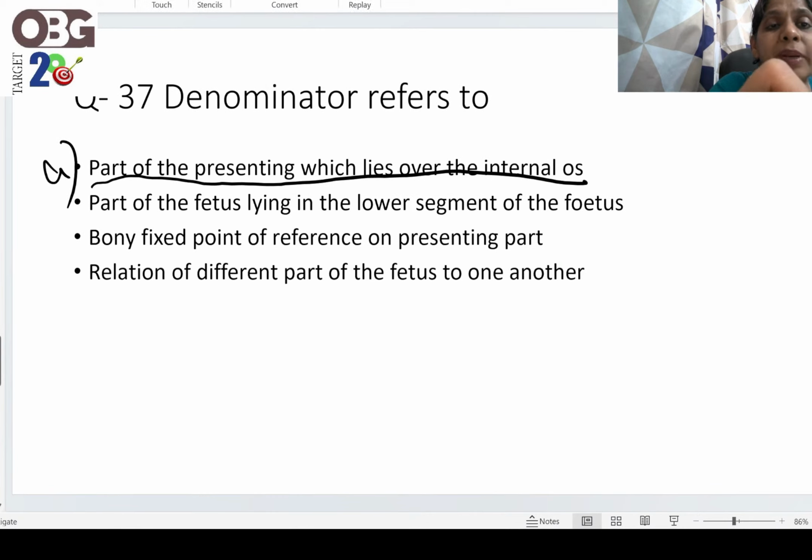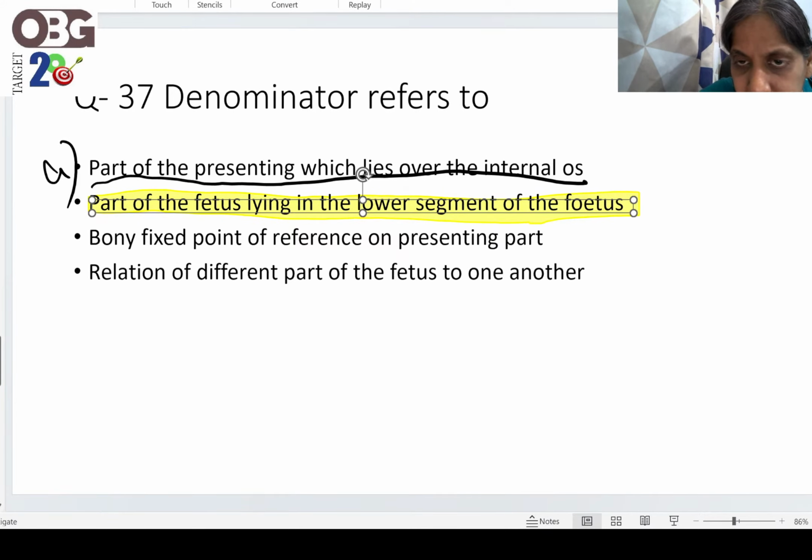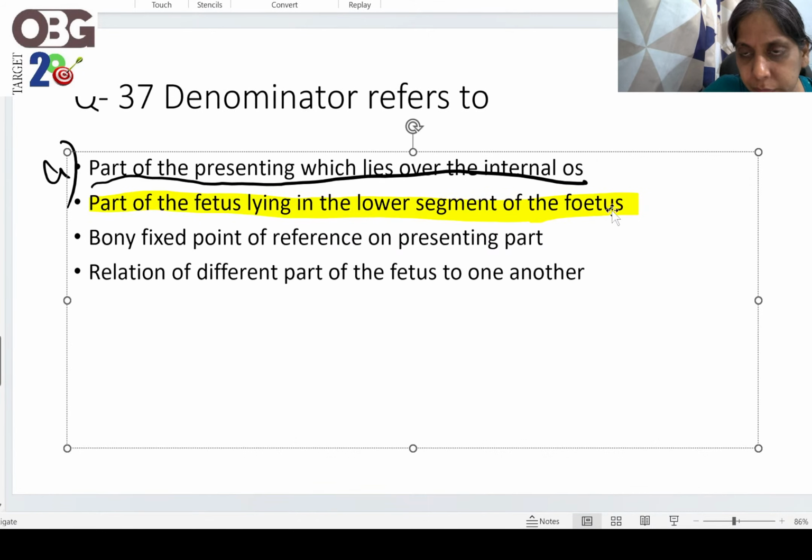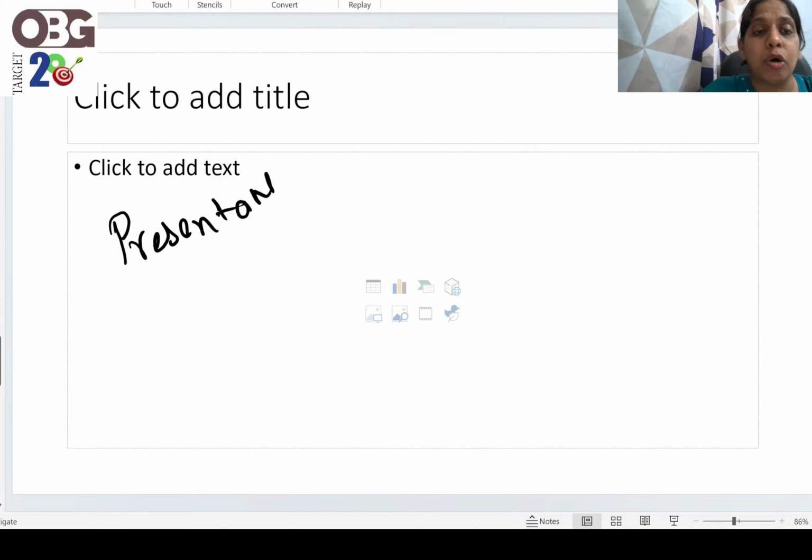So this is presentation, part of the fetus lying in the lower segment. It is not fetus, it is uterus here. Okay, so part of the fetus in the lower segment.